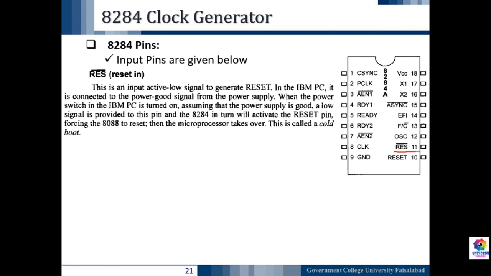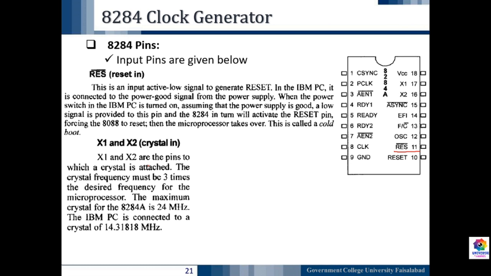When the power switch in the IBM PC is turned on, assuming that the power supply is good, a low signal is provided to this pin, and the 8284 in turn will activate the reset pin, which is pin number 10, forcing the 8088 to reset. Then the microprocessor takes over. This is known as the cold boot process.